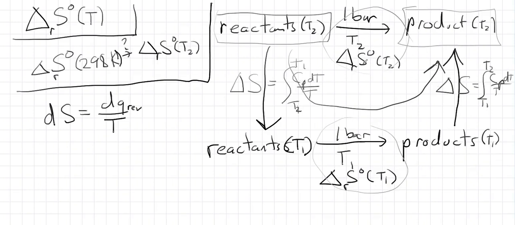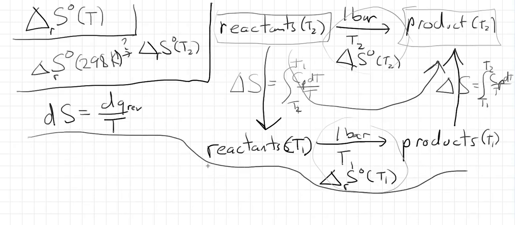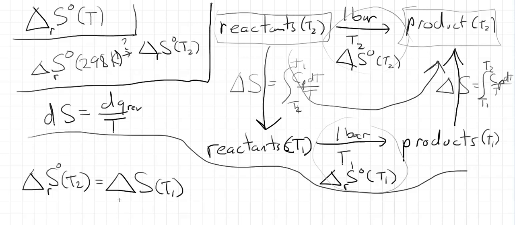When we do that, we get something that looks an awful lot like Kirchhoff's law. We get that delta S at T2 for a particular reaction is equal to delta S at T1 plus, we can combine these integrals, right? And remember that in this case we're looking at the heat capacities of the various reactants, and here we're looking at the heat capacities of the products.